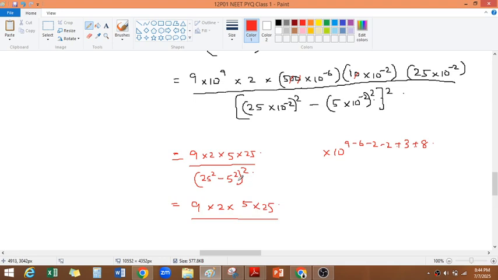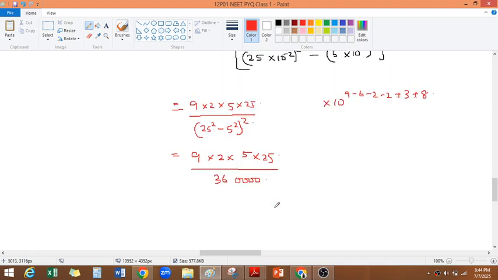625 minus 25. So how much is that? 600. 600 square will be 36, so 2 zeros, so it will become 4 zeros. Right? Is that correct? 600 the whole square. So 4 zeros, when it goes to the top, it will become minus 4.